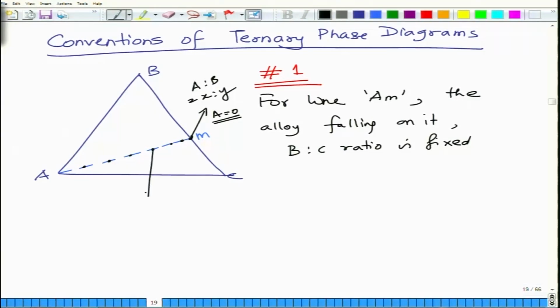When you are at this point, then A is not equal to 0. So let's say A is equal to Z%, okay. Now at this point if you draw a horizontal line, you will get the A percentage, but the percentages of B and C have changed.